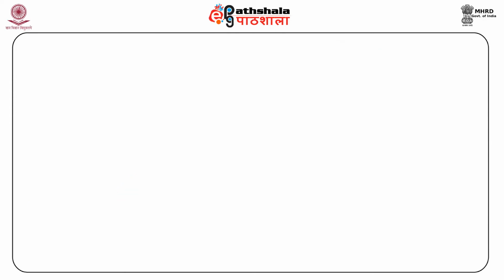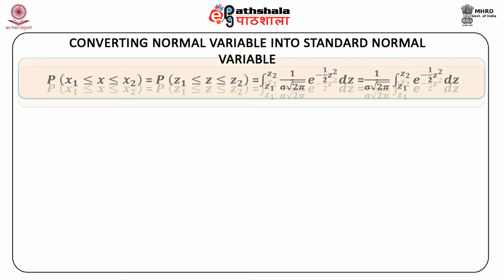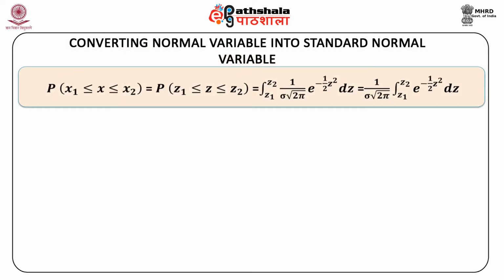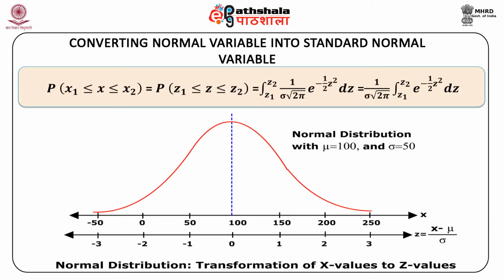We can transform the two values x1 and x2 into z1 and z2, which are defined as (x1 minus mu) divided by sigma and (x2 minus mu) divided by sigma respectively, and compute the area between these two points.